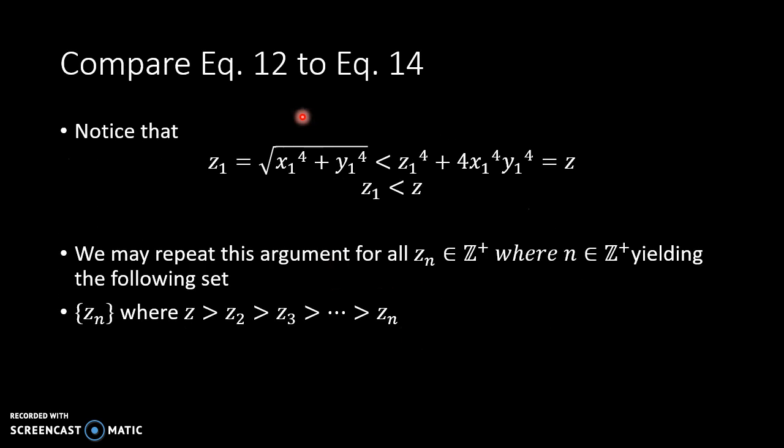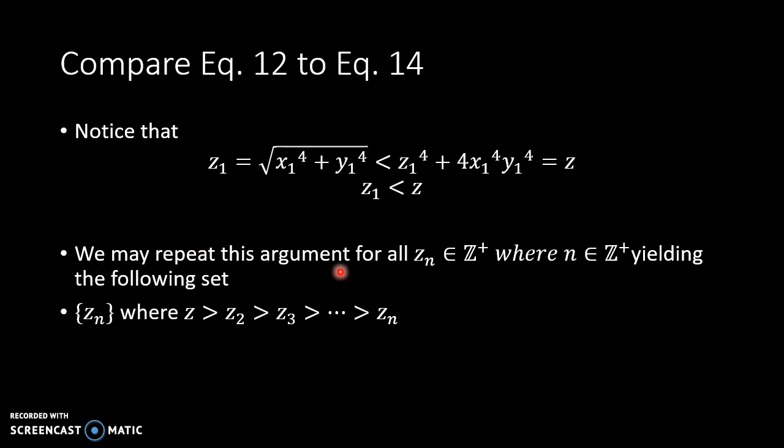So we'll compare equation 12 to equation 14, and we'll see that z1, which equals the square root of x1 to the fourth plus y1 to the fourth, is less than z1 to the fourth plus 4 x1 to the fourth y1 to the fourth. So here we see that z1 is less than z.